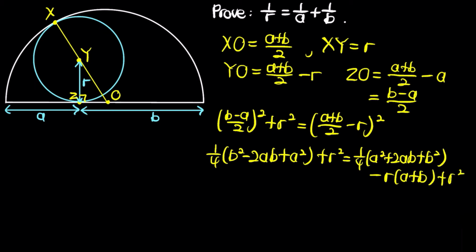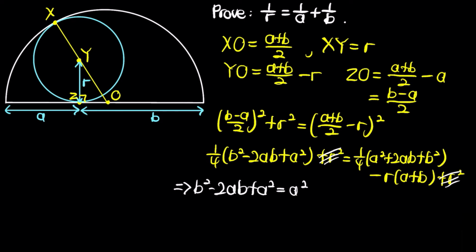And then now we can do a bit of simplification where we can see that there is a common term of r squared on both sides. And then now let's multiply the whole equation by 4 in order to get rid of the 1 over 4. We get that this is b squared minus 2ab plus a squared is equal to a squared plus 2ab plus b squared minus 4 times r times (a plus b).